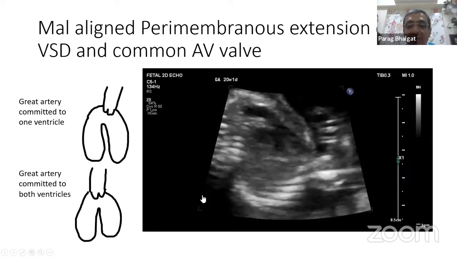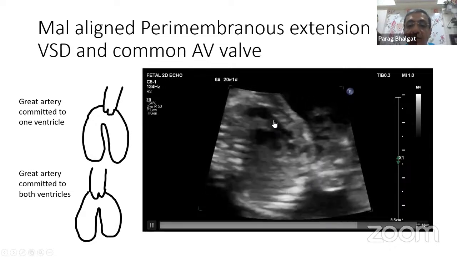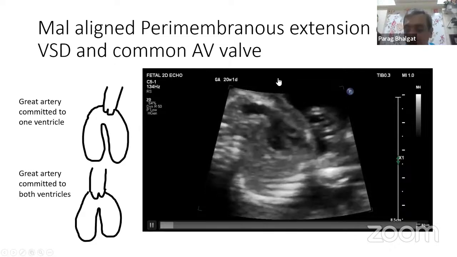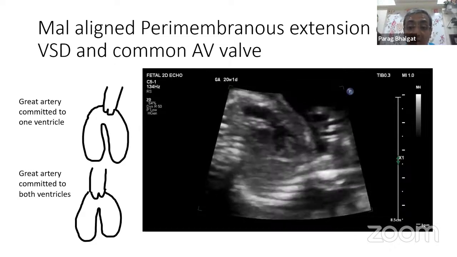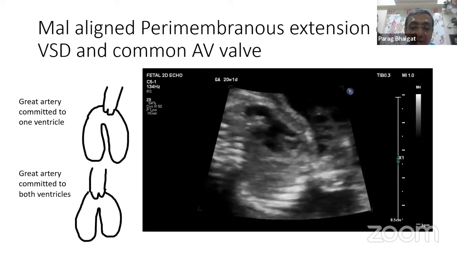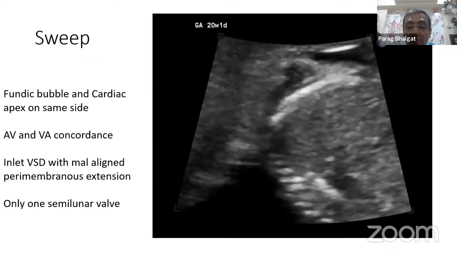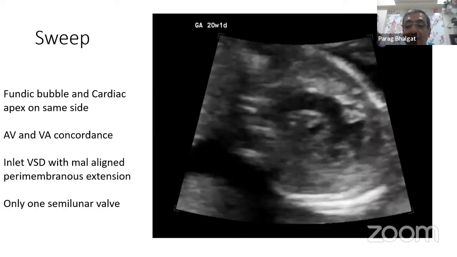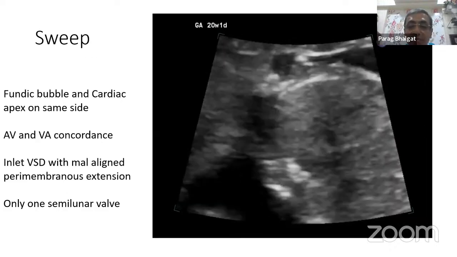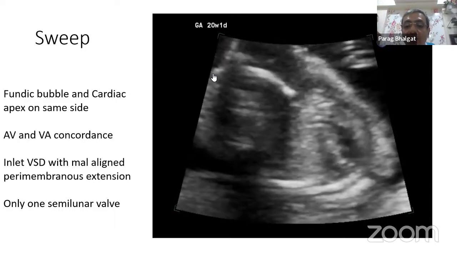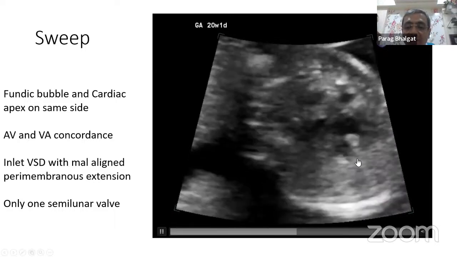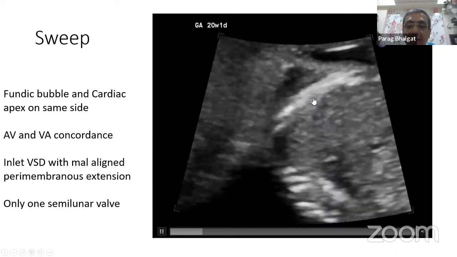In this image, this is the interventricular septum. If we draw it, it goes between, or through, the plane of the great artery. The great artery is on either side of that plane of the IVS. You will appreciate in the sweep image that the plane of the IVS, if extended further, divides the great artery into two.